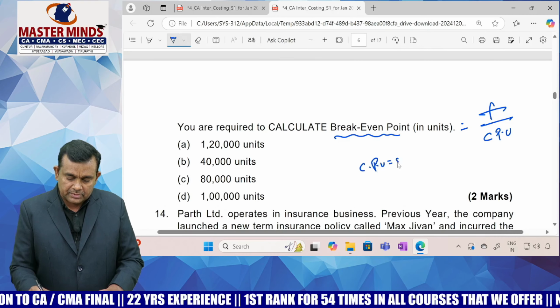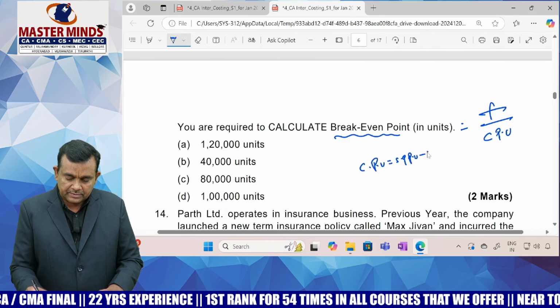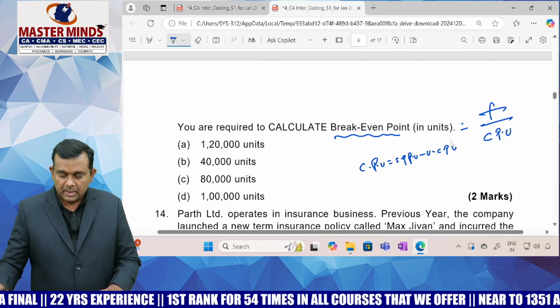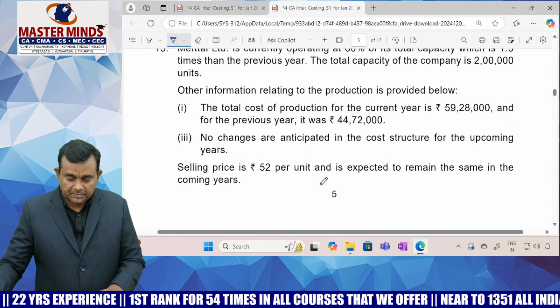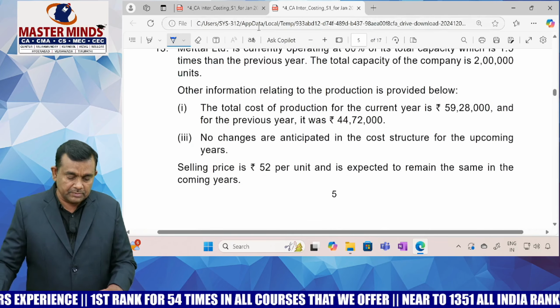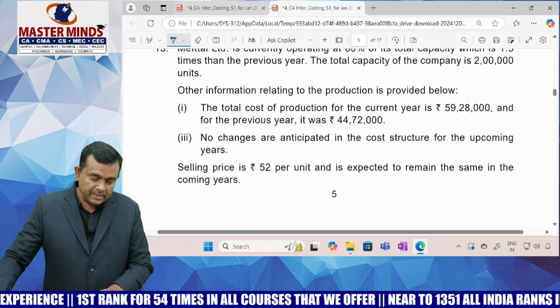Contribution per unit equal to selling price per unit minus variable cost per unit. Here selling price per unit and variable cost per unit are given in the problem, apply the values, sir. So fixed cost divided by contribution per unit. Contribution per unit: selling price per unit 52, variable cost per unit 36.4. So final answer 1 lakh units.